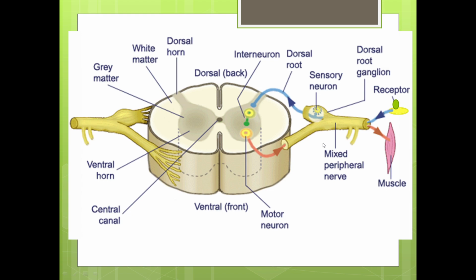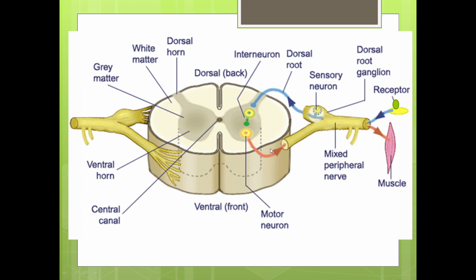What does this nerve consist of? In this part of the spinal nerve, it contains both motor neurons and sensory neurons. Both kinds of neurons are found at this part of the nerve. We call it a mixed peripheral nerve. It's a spinal nerve. But after that, dividing into two roots, the dorsal root contains only sensory neurons.